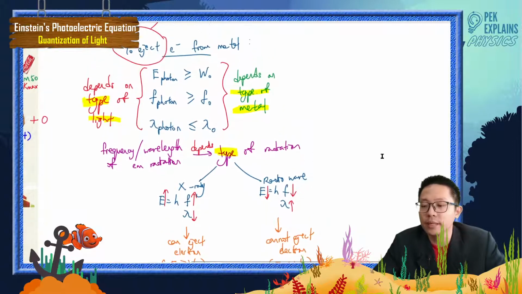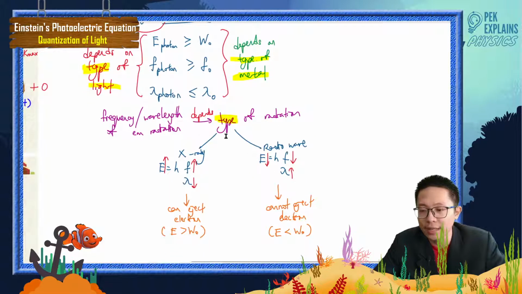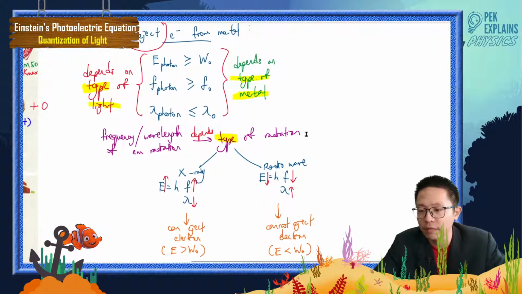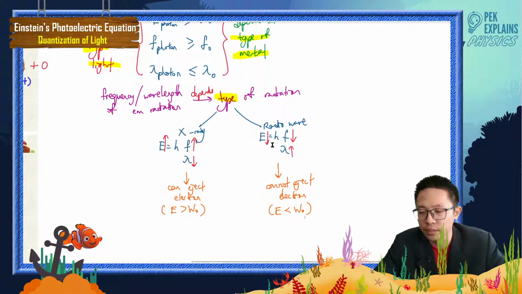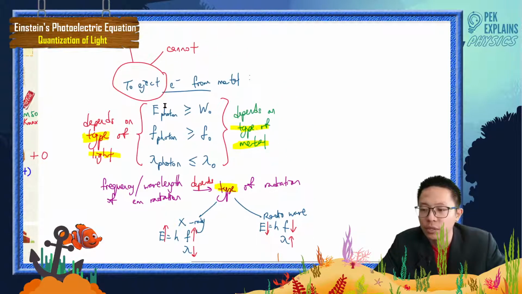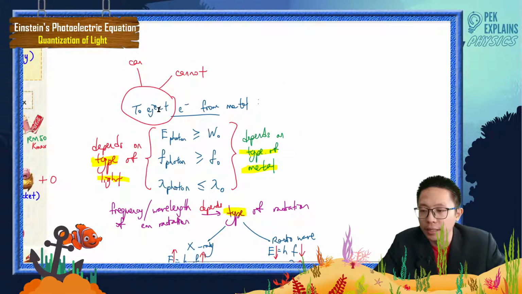So what I can say is different types of light, X-ray, radio wave, have different frequency, different wavelength, different energy of photon. When we talk about different energy, frequency, or wavelength of photon, we are talking about different types of light.